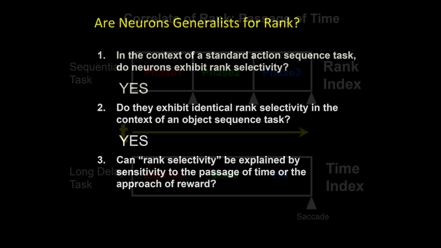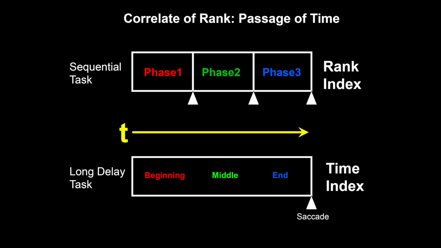Let me explain what I mean by that. Notice, as the monkey progresses from one phase of the trial to the next, counting the objects or the actions, time passes. Therefore, some of the neurons which seemingly signal, let's say, rank 1, in fact, can signal just the beginning of the trial.